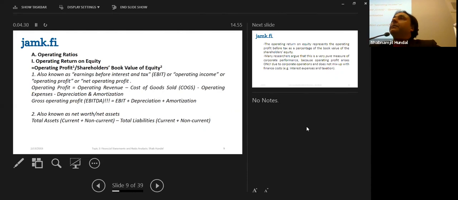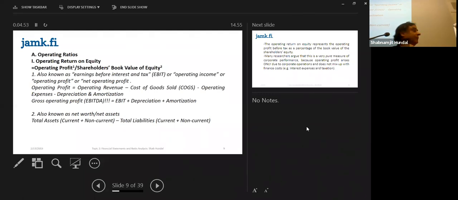The earnings before you minus depreciation. And the earnings before you minus amortization. So that profit which you have already calculated, before interest, tax, depreciation, and amortization are subtracted, is called gross operating profit.